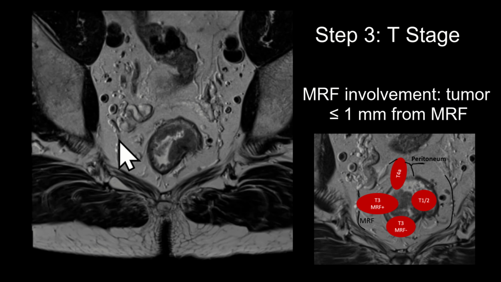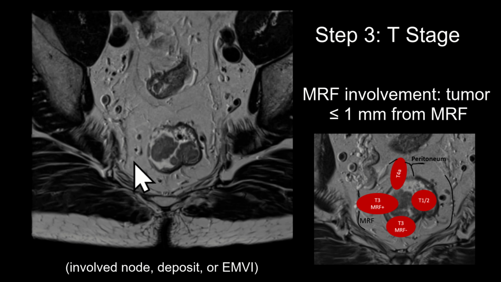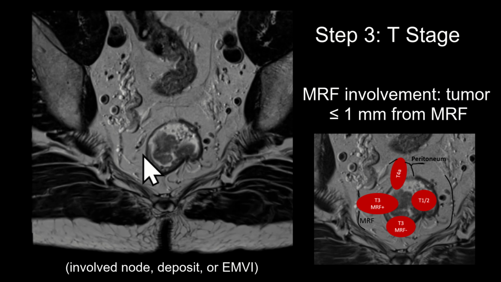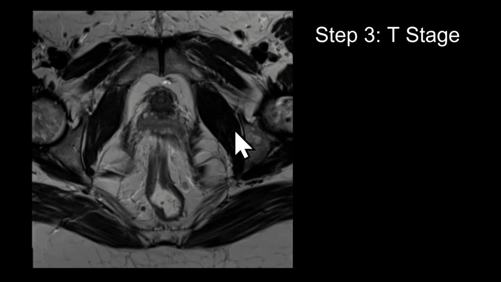So we generally report the T stage, i.e. T3C, and then specifically mention whether the MRF is positive or negative for the primary tumor itself. We also note specifically if a node or deposit is close to or involves the MRF, but this does not have the same prognostic significance as the primary tumor involving the MRF.